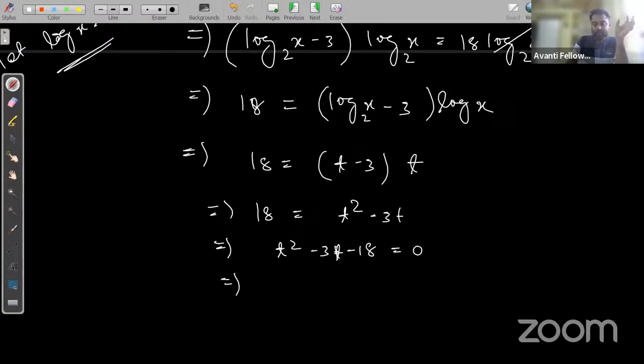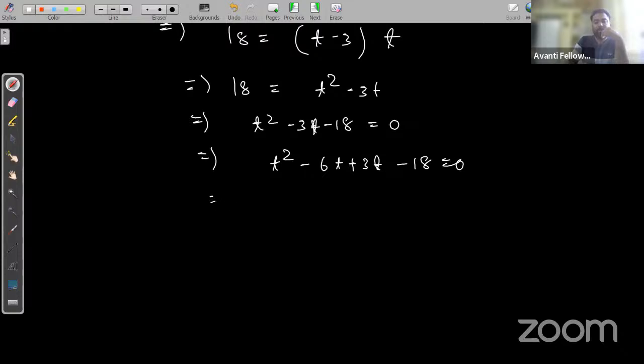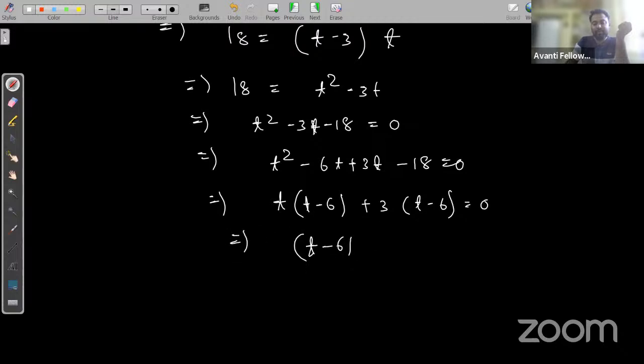If we solve it, this will be t square minus 6t plus 3t minus 18 is equal to 0. If we take t common, this will be t minus 6, and here we take 3 common, 3 into t minus 6 is equal to 0. So we are getting t minus 6 into t plus 3 is equal to 0.